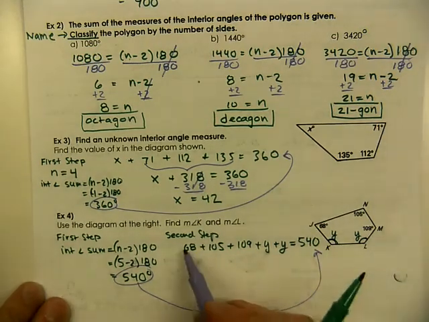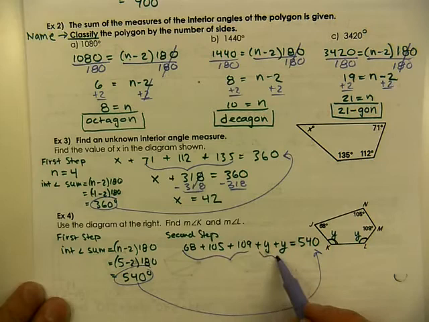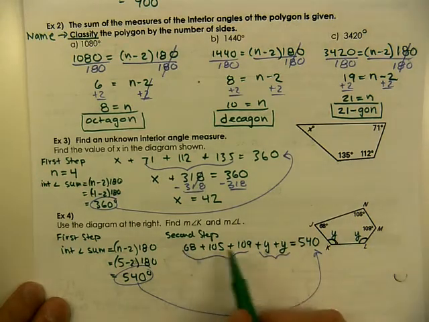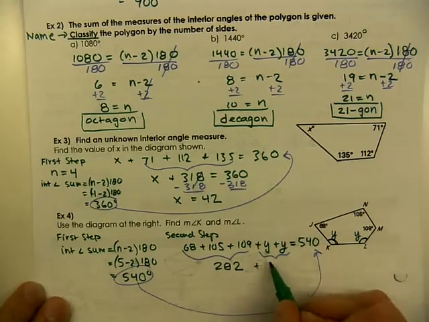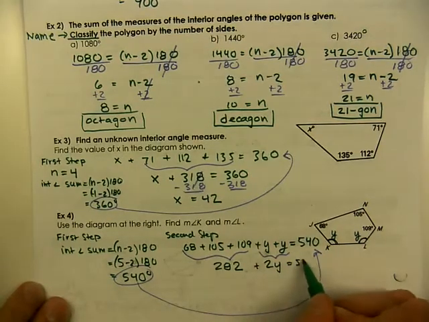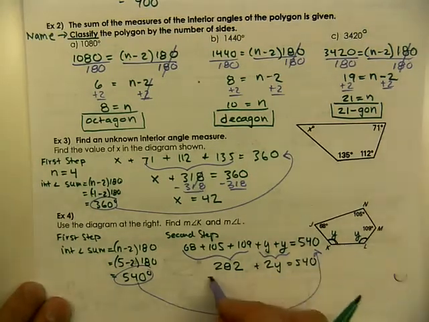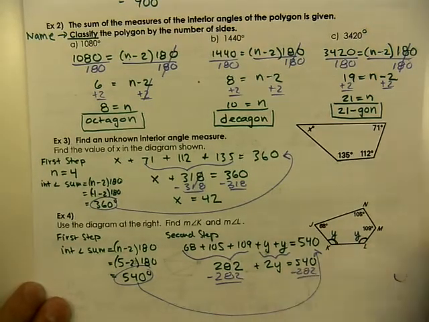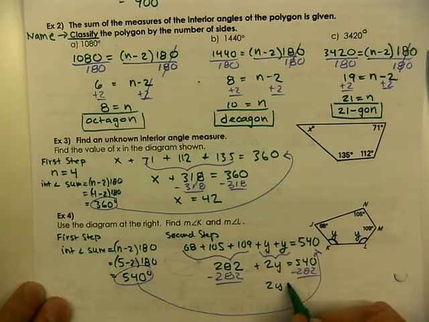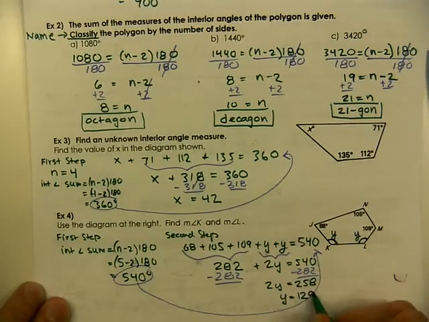Let's combine like terms. So 68 plus 105 plus 109 gives me 282. Y plus y is 2y. Let's move the constant terms to the right, subtracting 282 from both sides. So 2y equals 258, and then dividing away the 2, I have 129.